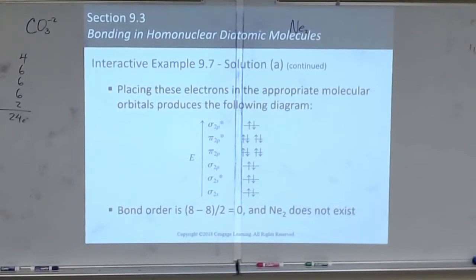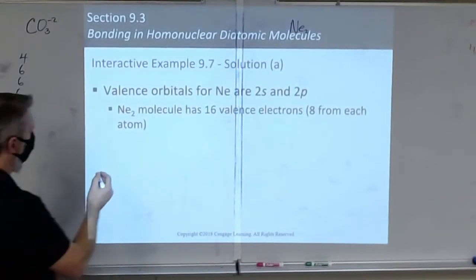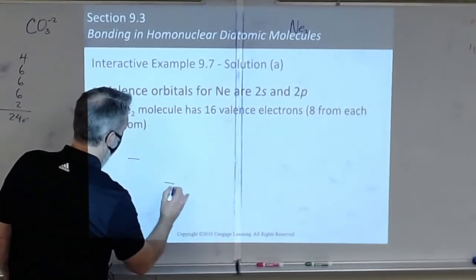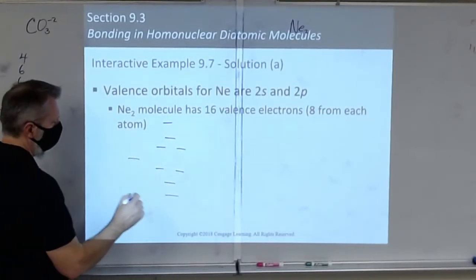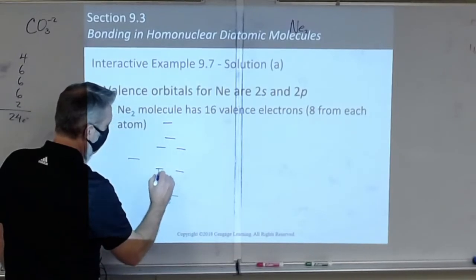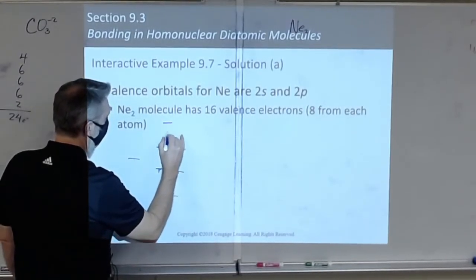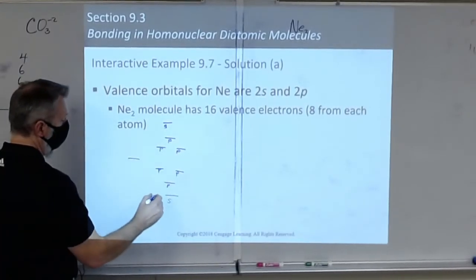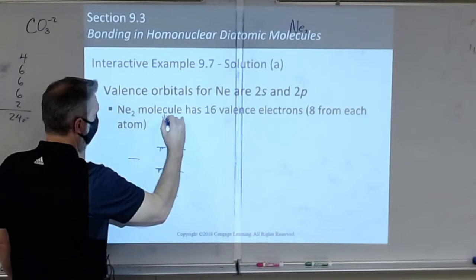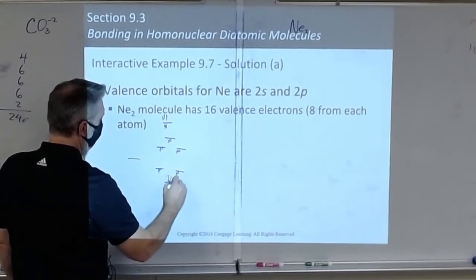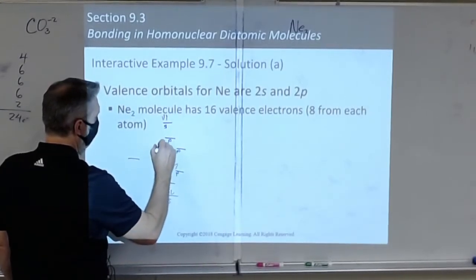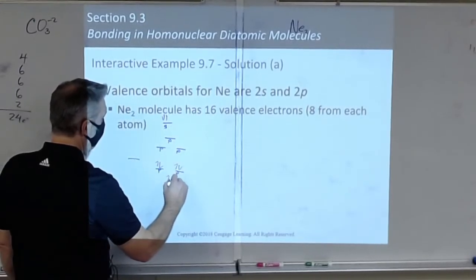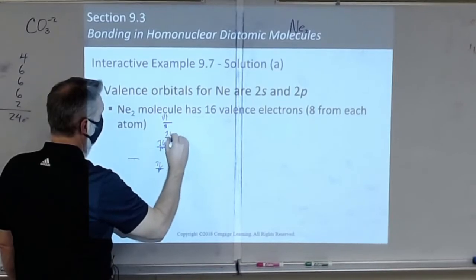I could have the Ne, the S, P. So this is my S, and P, P, P, and P, P, P, and S. So I have 16. 1, 2, 3, 4, 5, 6, 7, 8, 9, 10, 11, 12, 13, 14, 15, 16.